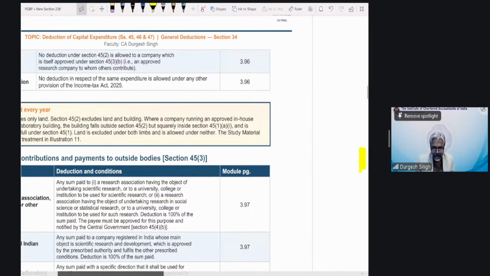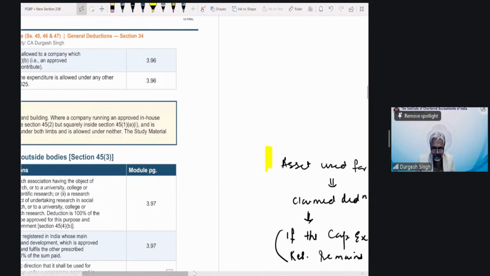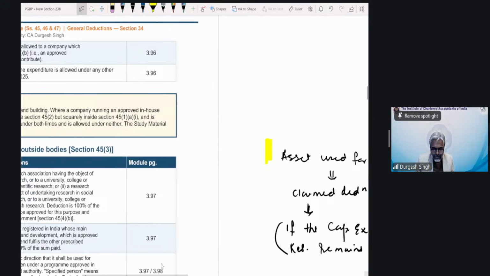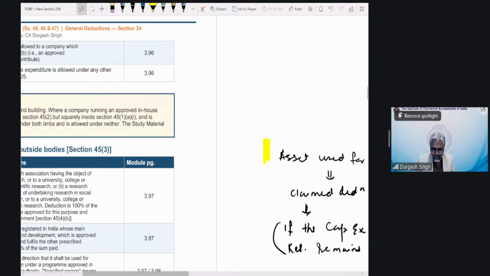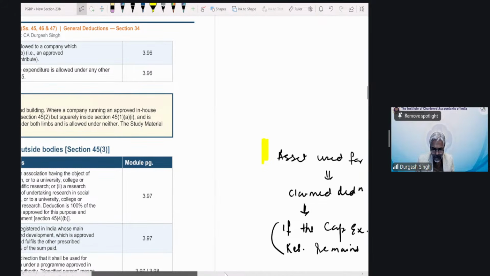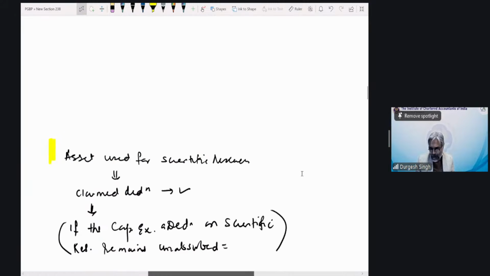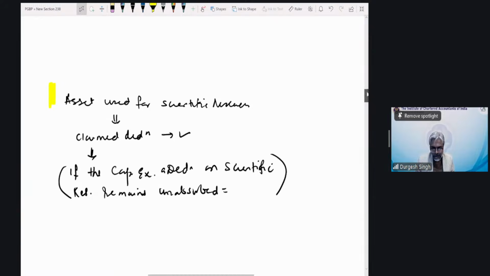Supposing, students, in this particular case, PGBP before section 45 is say 15 lakhs.